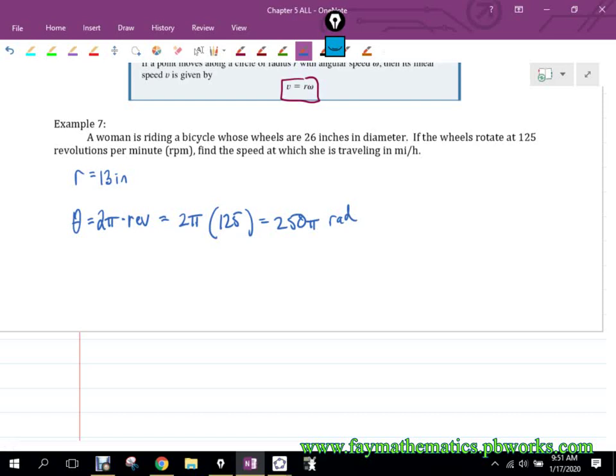So let's find the speed at which this lady's traveling. Let's go omega first. It's theta divided by time. Theta was 2 pi times the number of revolutions, so 250 pi radians. Here is where we get crossed up sometimes. In the last question, the time period was 10 seconds.